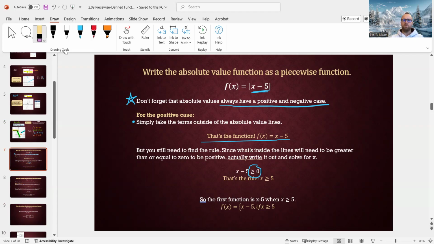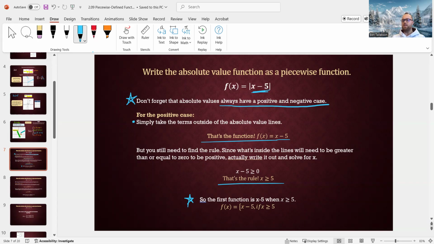Anytime you see something greater than or equal to 0, that means it must be positive. Okay? So we're going to take it out of the absolute value and set it greater than or equal to 0 and then solve for x. That's the rule. So you have your first function and rule.